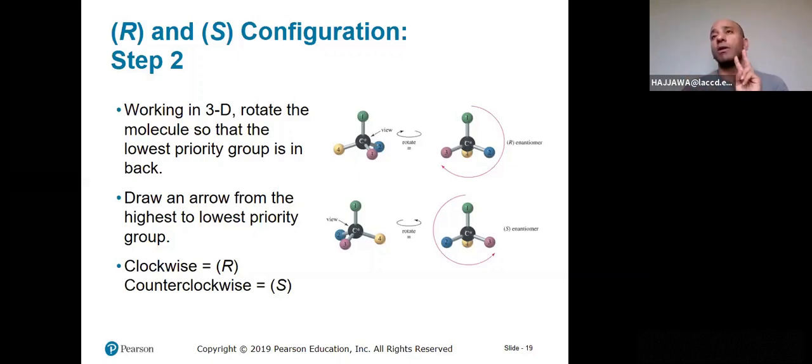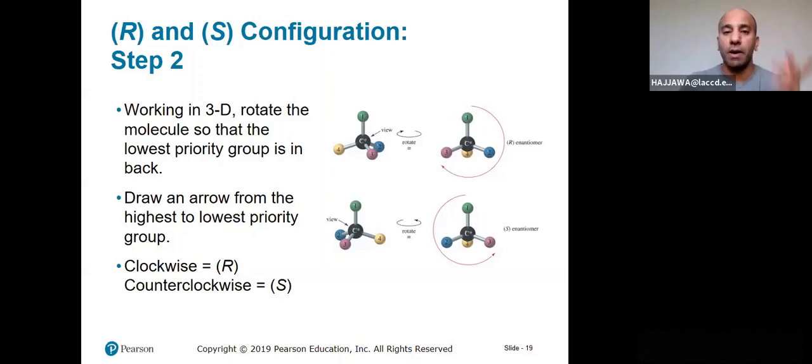And the second possibility is when you have 1, 2, 3, 4 counterclockwise, fourth group pointing towards you. For S configuration, two possibilities. The first is when you have 1, 2, 3, 4 counterclockwise, fourth group pointing away. And the second possibility for S configuration is when you have 1, 2, 3, 4 clockwise, fourth group towards you. Just keep that in mind.